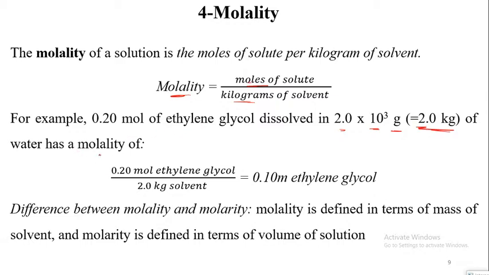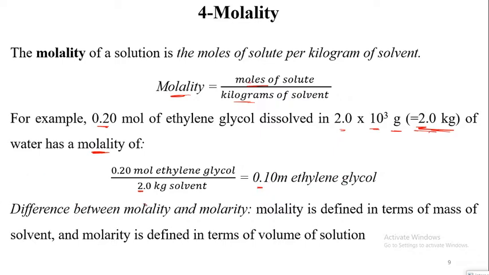So if I need to calculate my molality, it should be equal to 0.2 moles of ethylene glycol divided by 2 kilograms of the solvent, which is the water. This means it is equal to 0.1 m ethylene glycol.